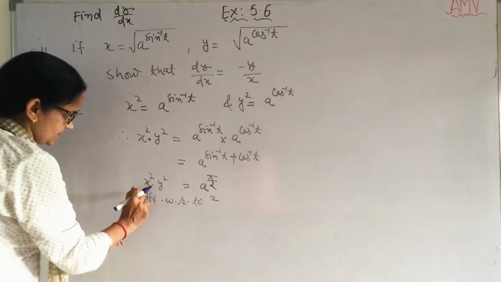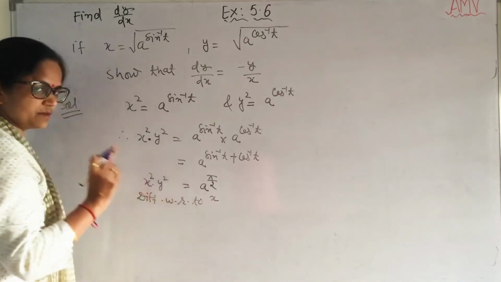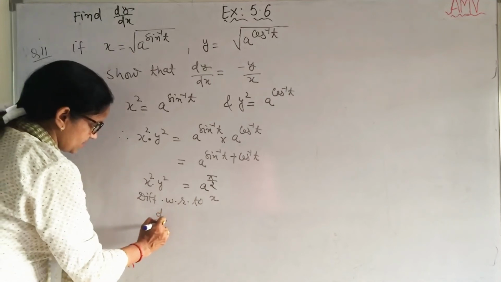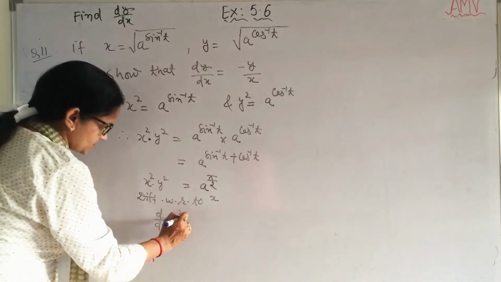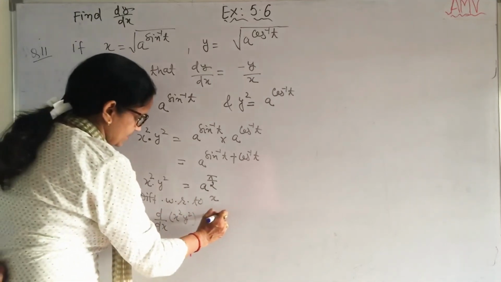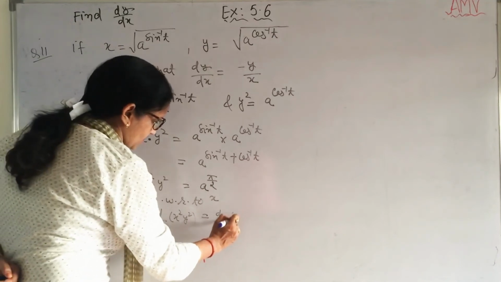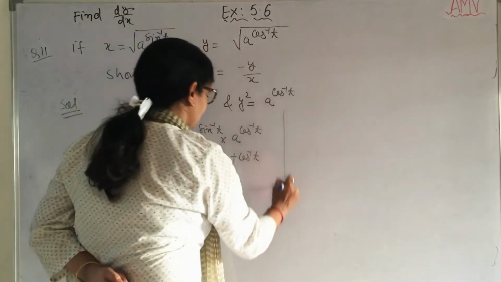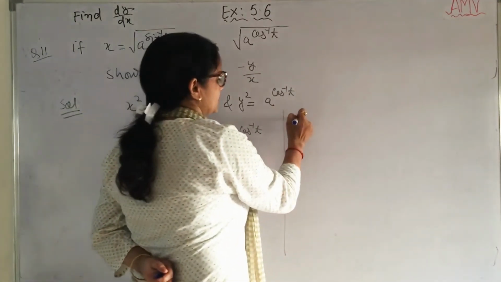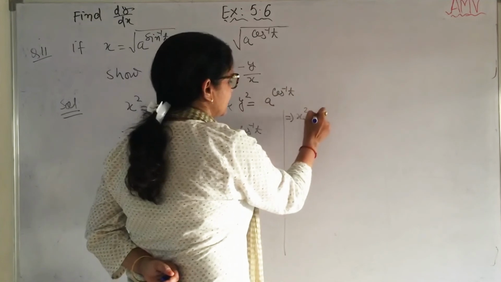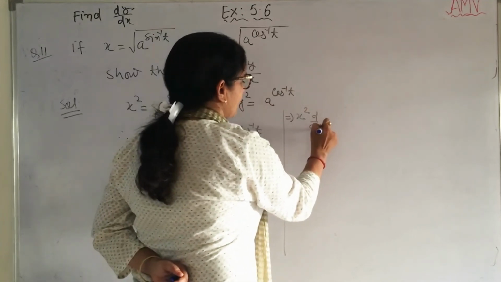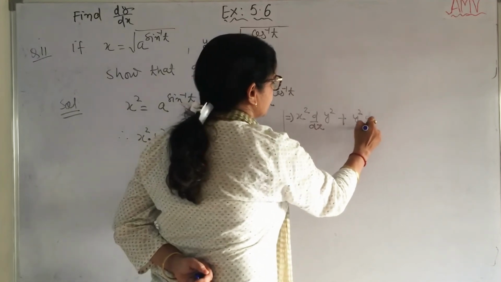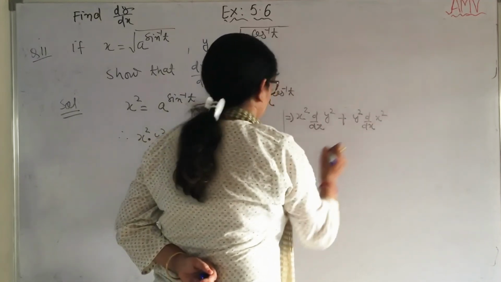Okay, here two functions are in product, so apply the product rule. So d by dx of x square y square, and here d by dx of a power pi by 2. First, x square is as it is, derivative of y square, then plus y square is as it is, derivative of x square.